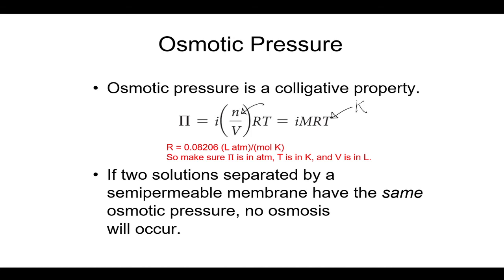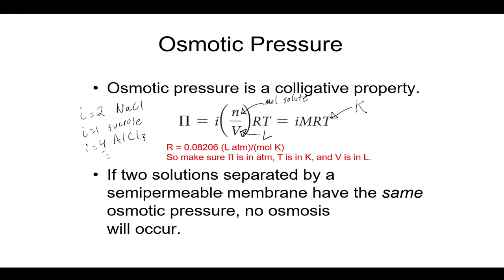Make sure this n is moles of solute, not solvent, not total, and make sure your V is in liters. Again, the i term here, i equals 2 for things like sodium chloride, i equals 1 for non-electrolytes like sucrose, and i could be maybe 4 for something like aluminum chloride that ionizes to 4 ions.